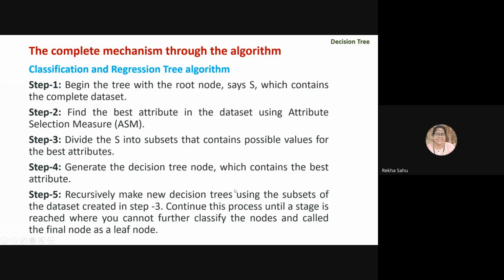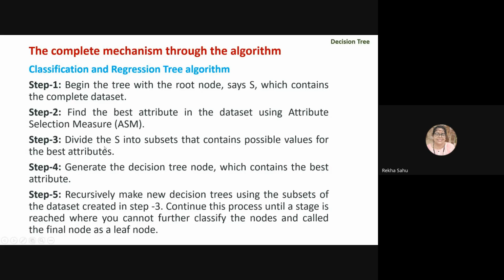For all the child nodes, you will do the same thing. After selection of one attribute, the rest of the attributes are considered for the child nodes, and there also you will select another best attribute for each corresponding child node. Again, you will do the same approach and go on splitting according to the value of the best attributes you select.